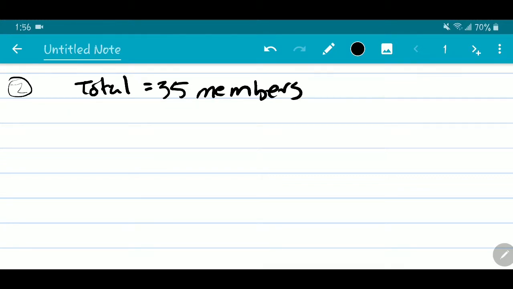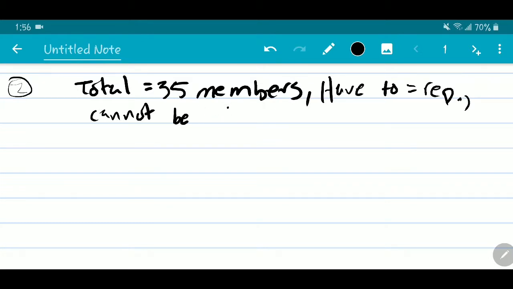And then they have to choose a rep, and it cannot be one of 3 officers.